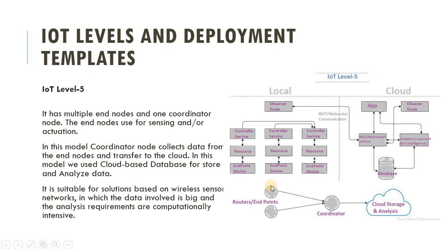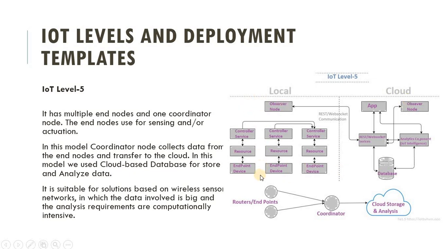In this model, the coordinator node collects the data from the end nodes, and the coordinator node will transfer the data to the cloud. In this model we use the cloud-based database for storage and to analyze the data. Here you can see that this is a cloud application and this is a local application.